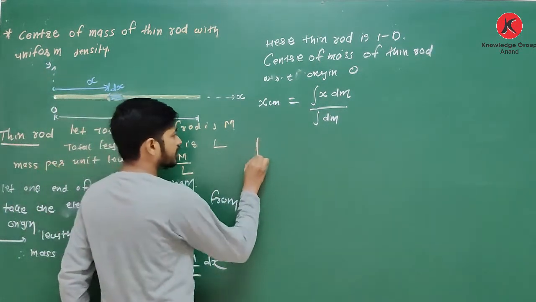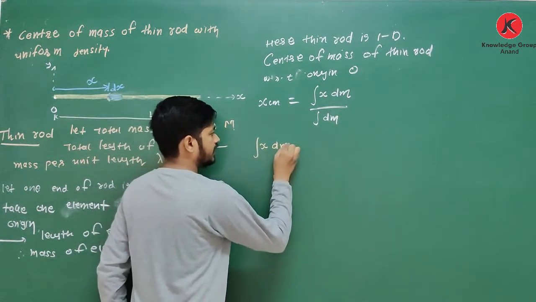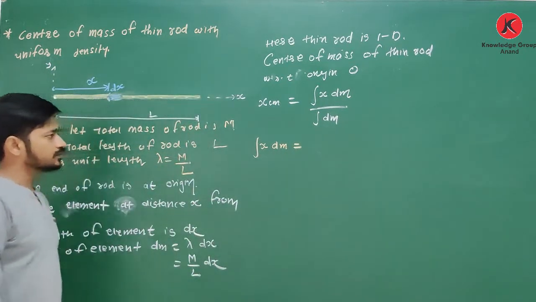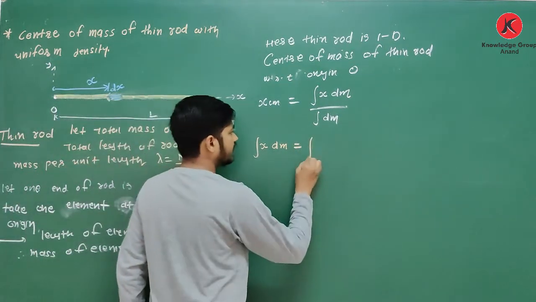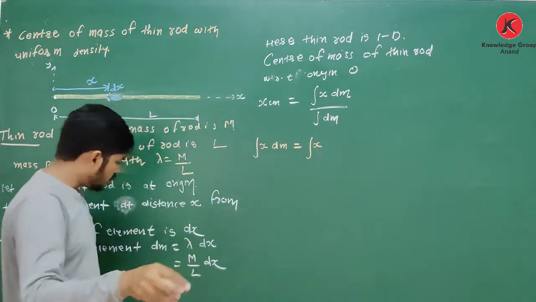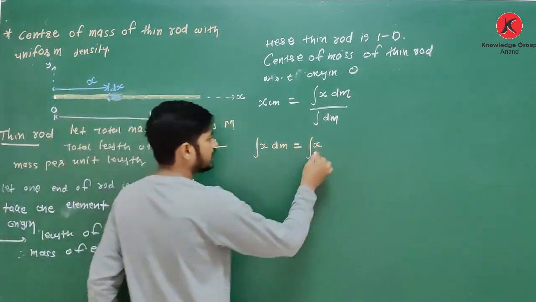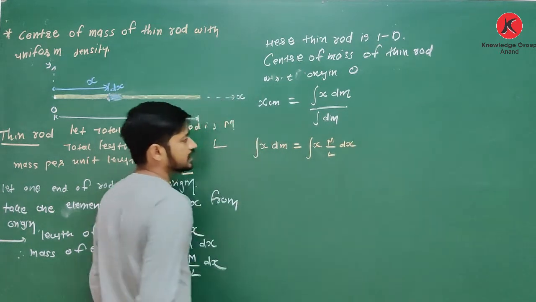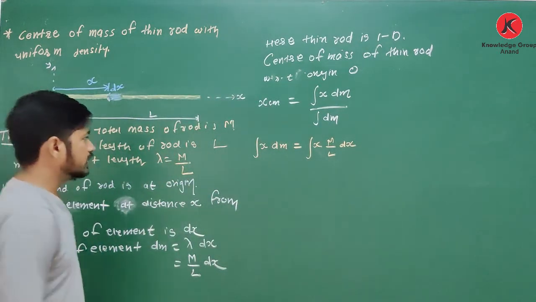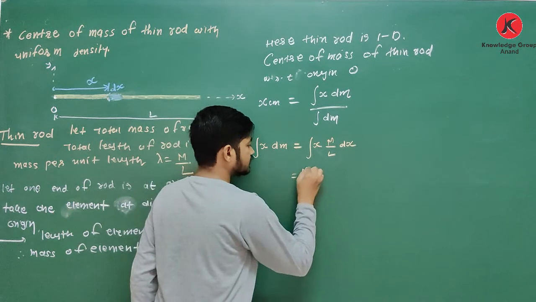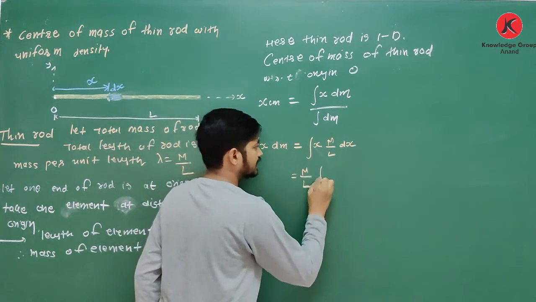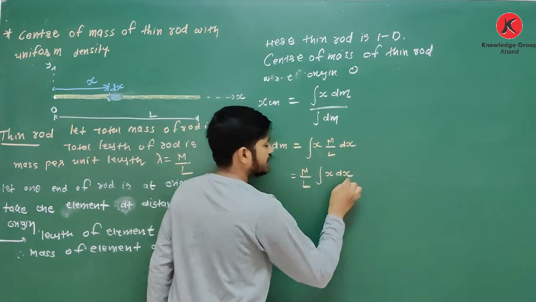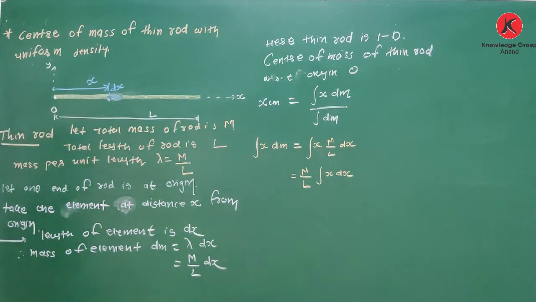See, integration x dm is equal to integration x. What is the value of dm? Here it is m upon L dx. Simple. Since mass and length are constant, it is integration x dx. Now you have to put the limits.